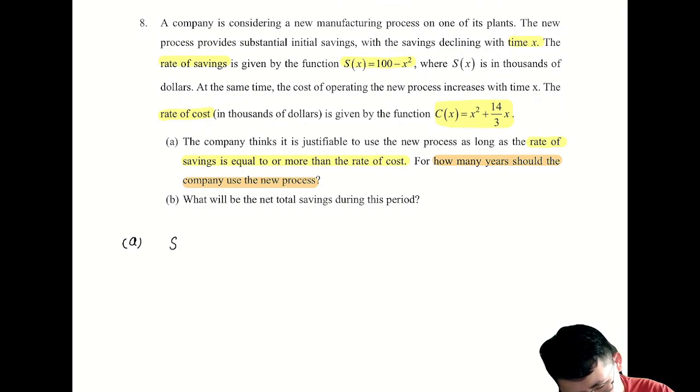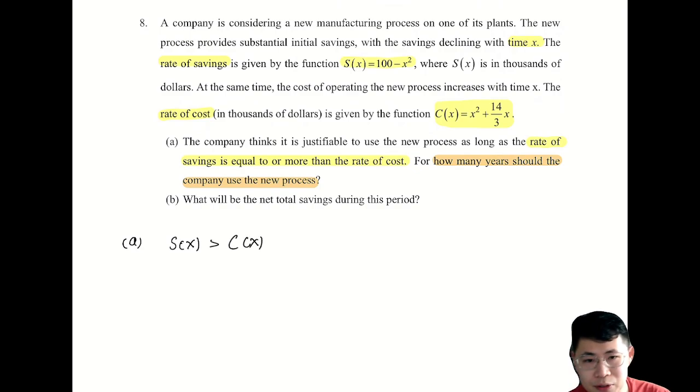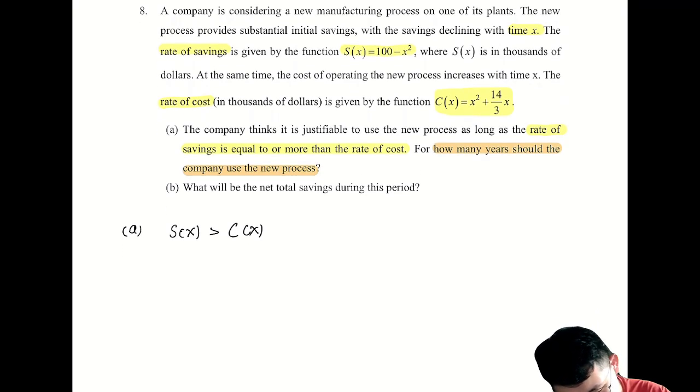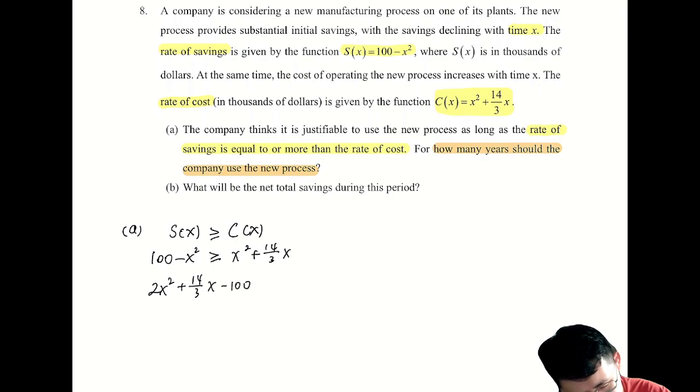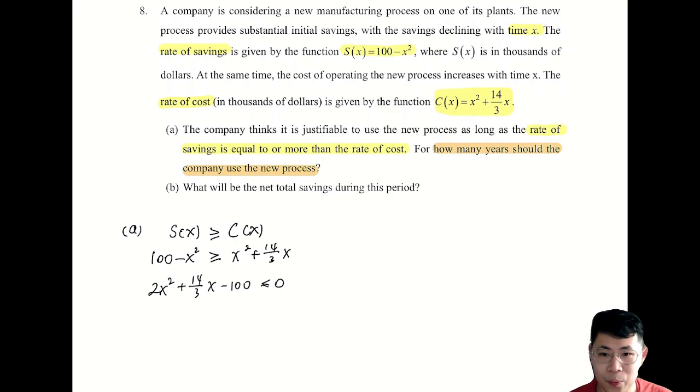So we have savings more than the cost over here. Savings would be 100 minus x squared, greater than or equal to x squared plus 14 over 3x. If I rearrange, I have 2x squared plus 14 over 3x minus 100 less than 0.